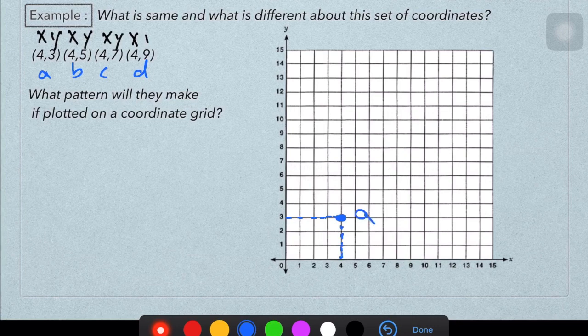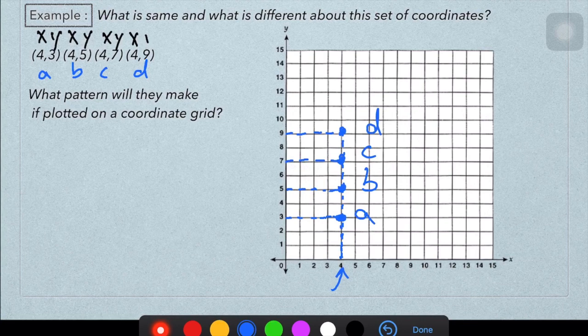Okay, X4 and Y5. Yes, that is. About C, we're going to have the same X all the time, and this time Y is 7. That is C. And about D, Y is 9. D. So these are the dots according to the coordinates which are given to us.